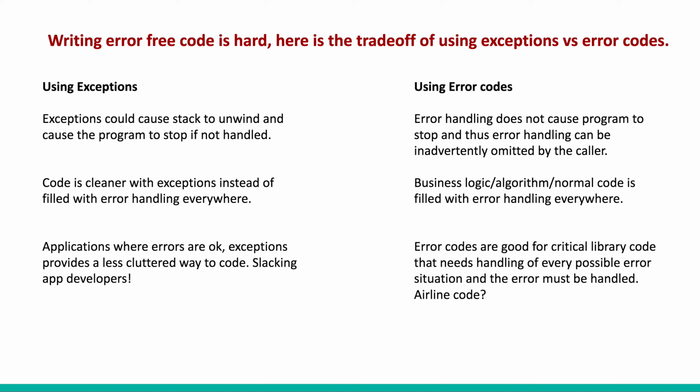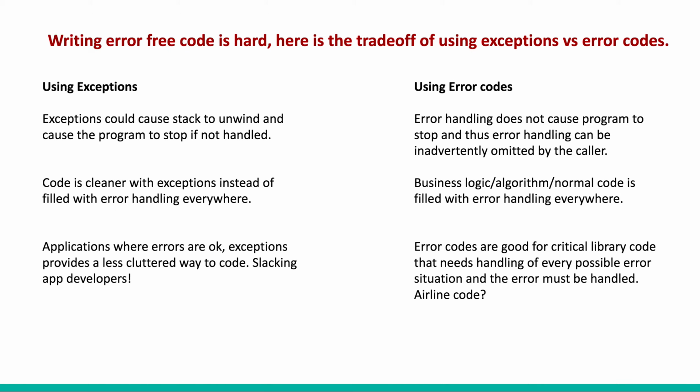But the pro is that for critical libraries or for critical software that has to work, like airline software, error codes might be a great idea when you have to handle all kinds of situations, all kinds of errors. And these are not the Java errors that we talked about in the previous slide.